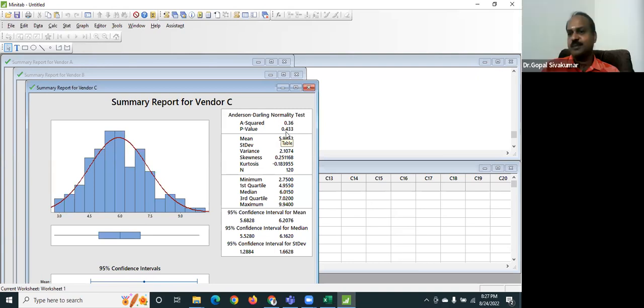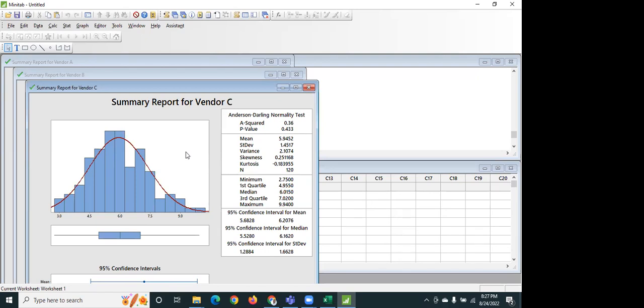It should be less than 0.05, then only you can reject the null. Will you be able to reject the null? You can't reject the null. So accept the null. What is null? Data is normally distributed. Clear? Done.